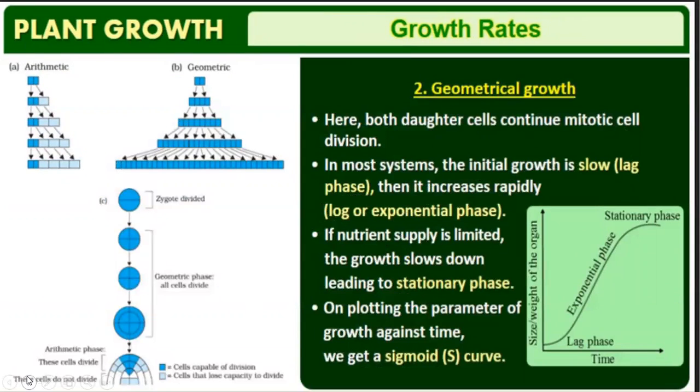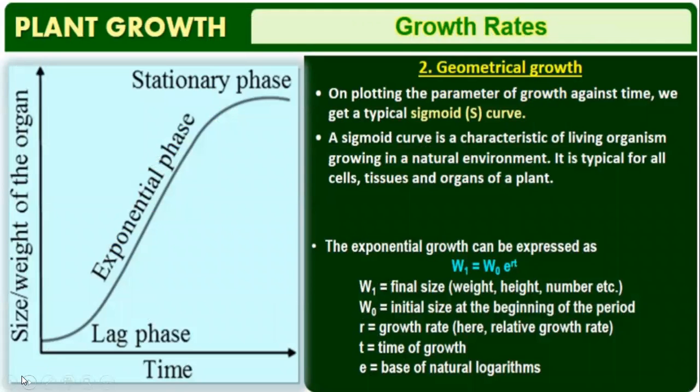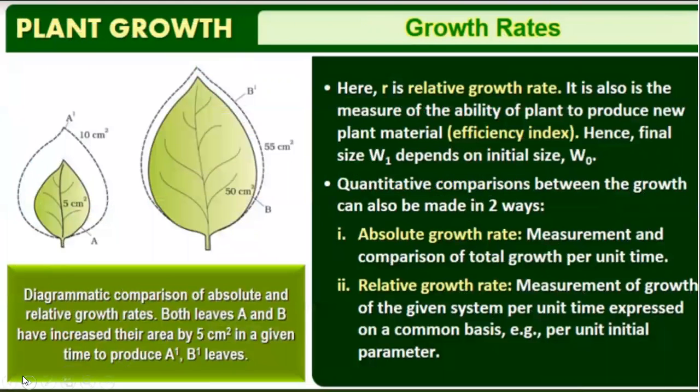The graph will be exponential, that is a sigmoid curve, which has three different parts: first a lag phase or slow phase, then a log or exponential phase, followed by a stationary phase. Next, we discussed the equation of the sigmoid curve, that is W1 is equal to W0 e raised to rt. That is, W1 and W0 are directly proportional, or the final size is dependent upon the initial size, W0.